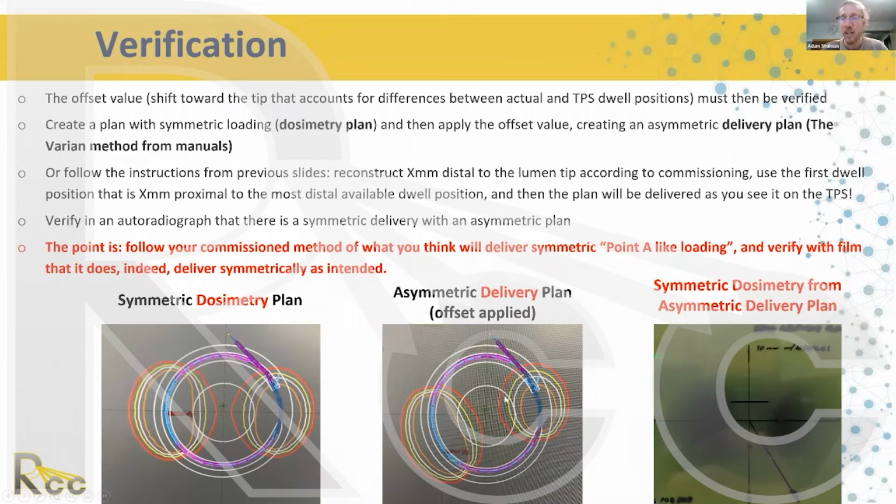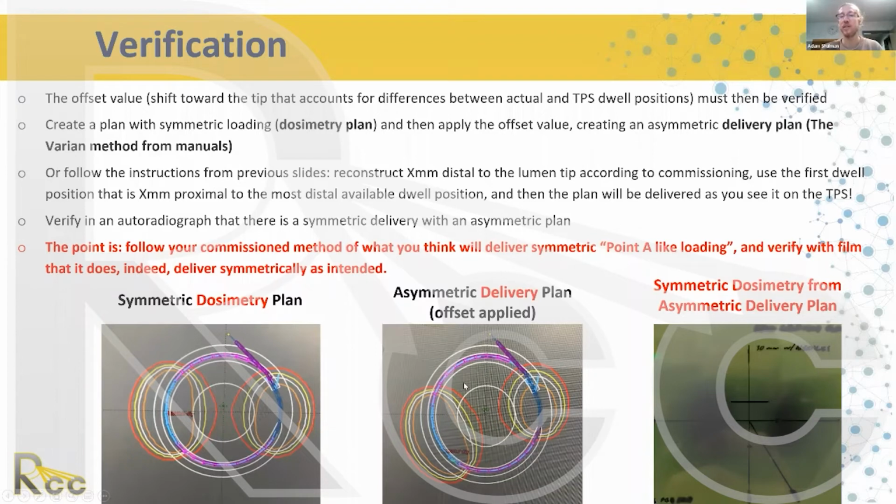So here they are in the TPS, but we know that the actual sources are delivering 5 millimeters closer to the tip than in the TPS. So if I have a plan that looks like this, it'll deliver symmetrically. That's what I thought would happen. I took a film to ensure that it actually did happen. So I've got symmetric loading, just like I intended, by using a delivery plan as suggested by Varian.